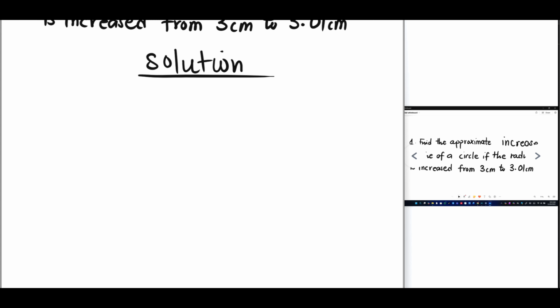The initial radius is 3 centimeters, let me call it R0, and it has increased from 3 centimeters to the final radius, R1, which is 3.01 centimeters. Let us determine the small increment.